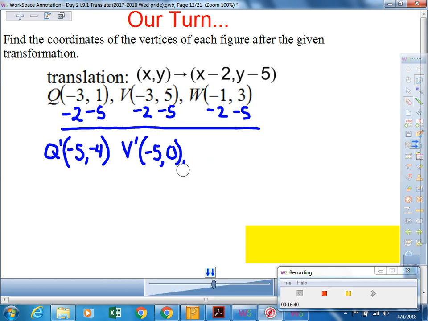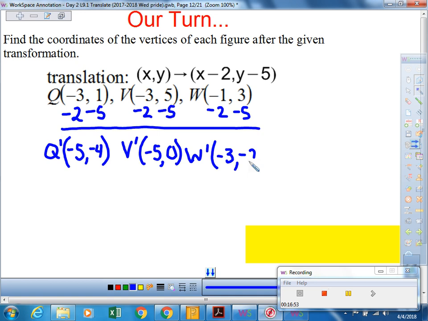And then W prime. Negative 1 minus 2, or negative 1, negative 2. Negative 3, and 3 minus 5, negative 2. There's my ordered pairs for my image.